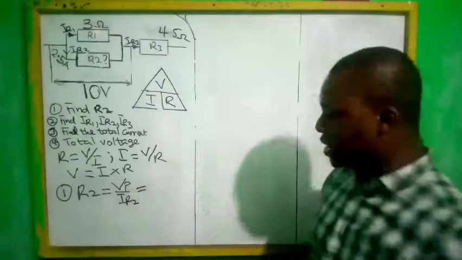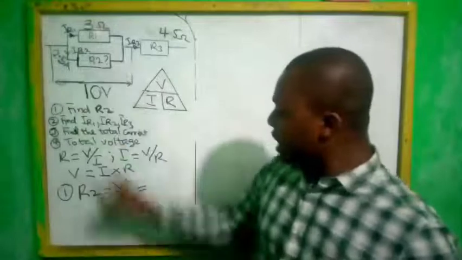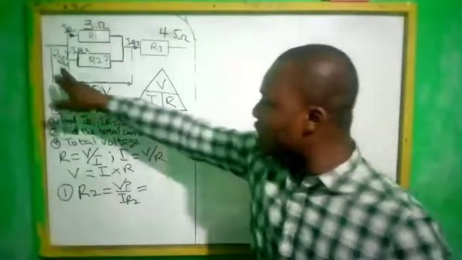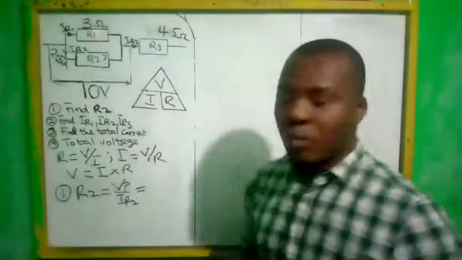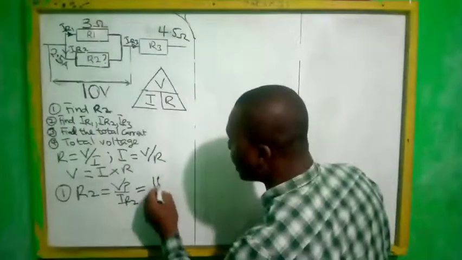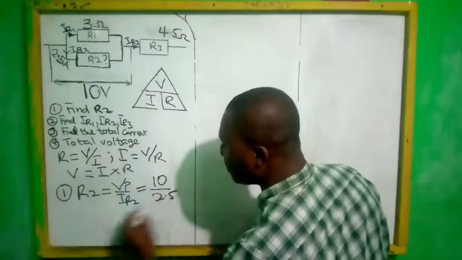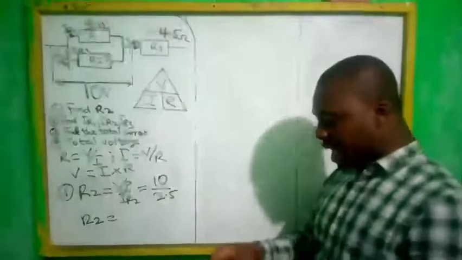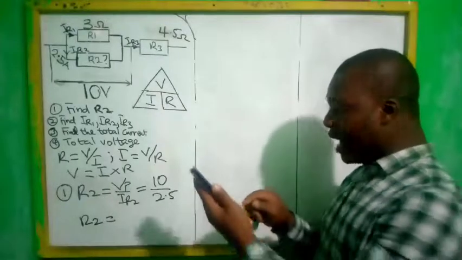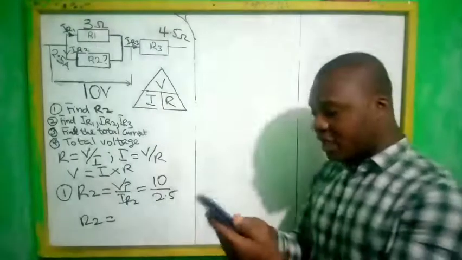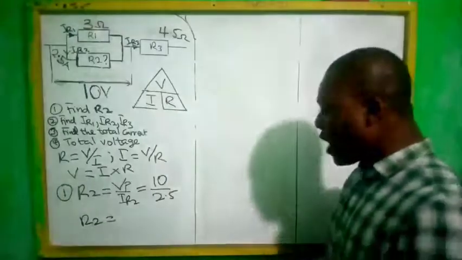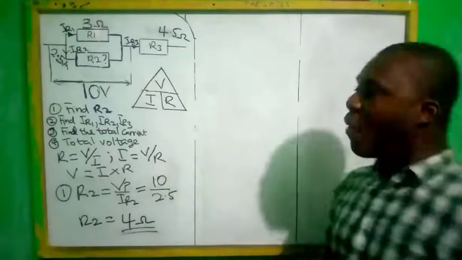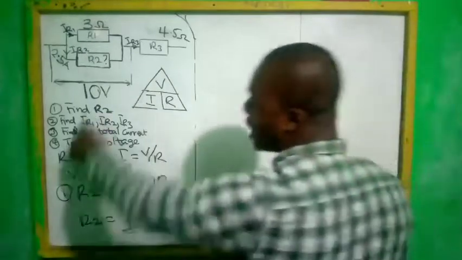So to find R2, just use the voltage that is given for the parallel circuit and divide it by 2.5. So we have 10 divided by 2.5. You can also use your calculator. We have 4 ohms. So this becomes our R2.